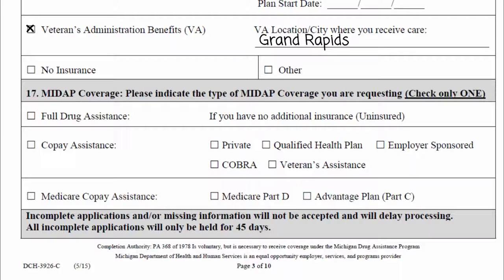This is any amount that your Medicare Part D plan requires you to pay in the form of a copay or deductible after your Part D plan pays the portion they are responsible for and after any low-income subsidy, extra help assistance is applied to your prescriptions, if applicable. If approved for this coverage, MiDAP would act as your secondary prescription coverage and pay for your copays on your behalf after your insurance pays for their portion of the prescription claim.